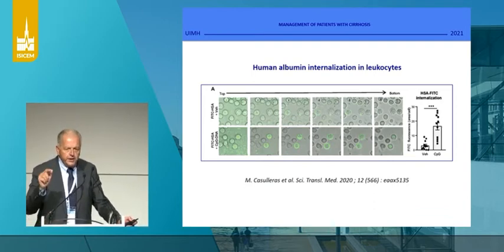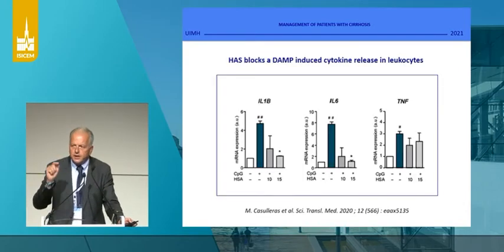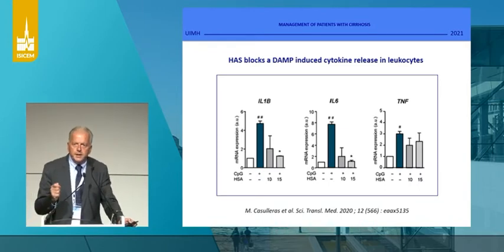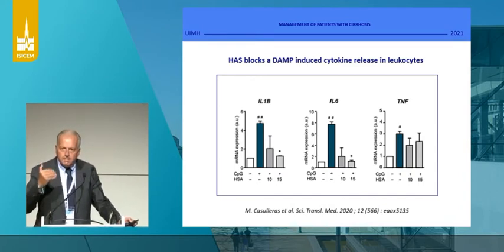And within this cell, albumin is capable to reduce the production and the release of the pro-inflammatory cytokines. Not only this, albumin is also capable to protect the cell from the action of the pro-inflammatory cytokines.